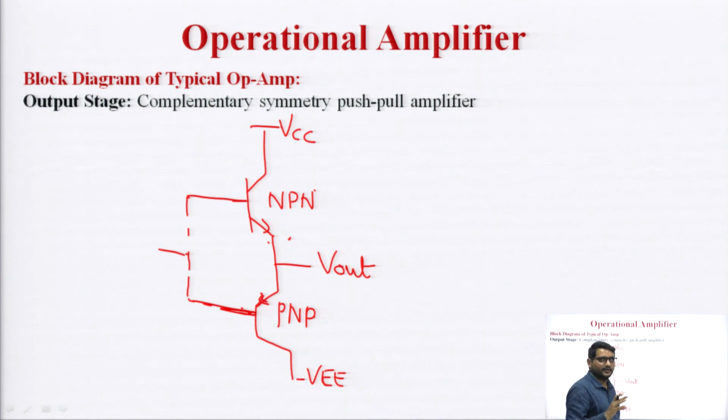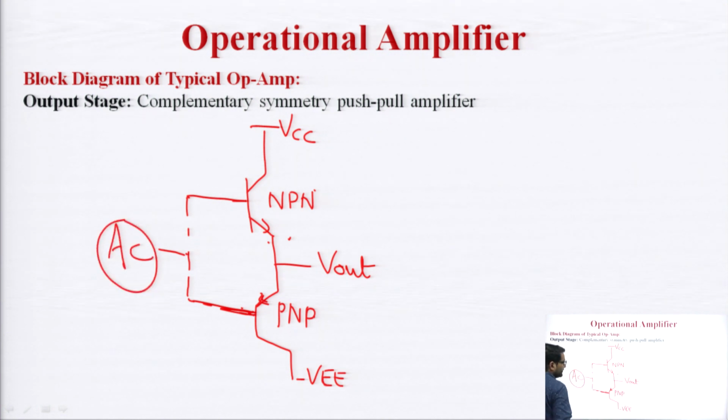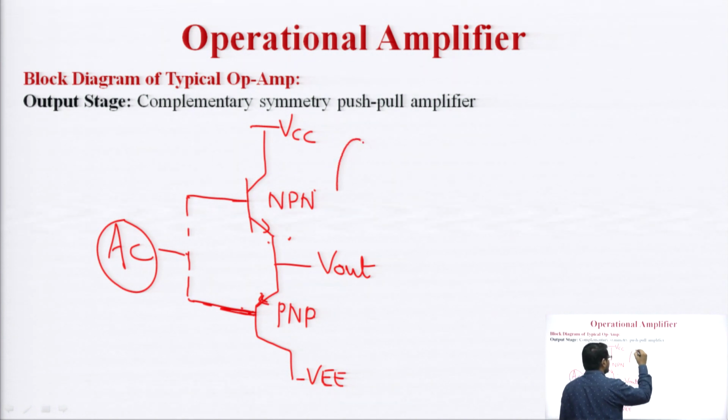The input of the push pull amplifier will be taken from the output of the level shifting, that is, the AC signal. This is a typical complementary class AB push pull amplifier, and the purpose of this power amplifier is to stretch the swing of the AC signal.